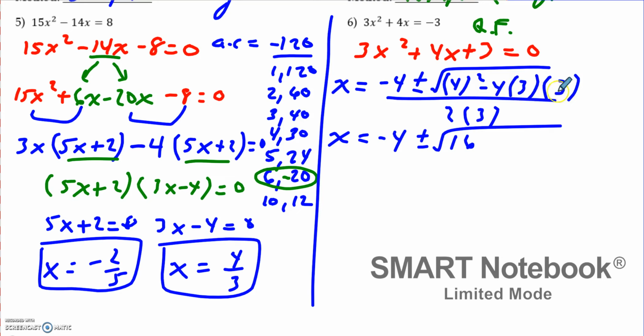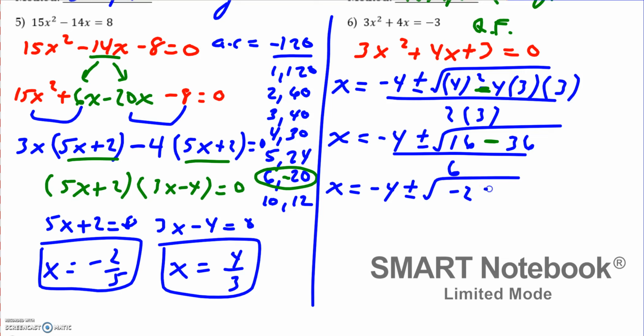All three of these numbers are multiplying, so 4 times 3 times 3 is 36, but the symbol that goes in between, because I only see one negative, negative times positive is still a negative. And all of that is going to be over 6. So that would be x equals negative 4 plus or minus the square root of negative 20 all over 6.